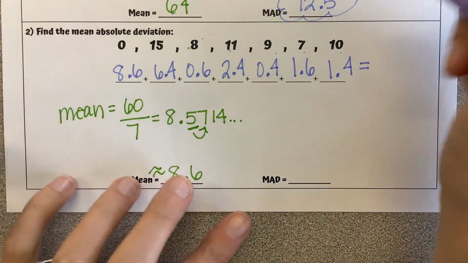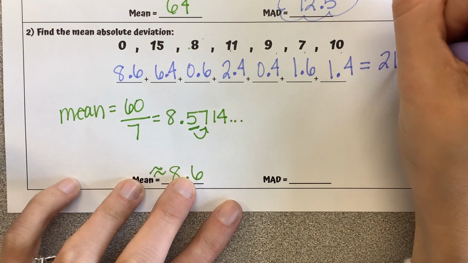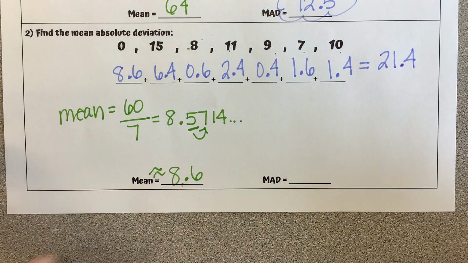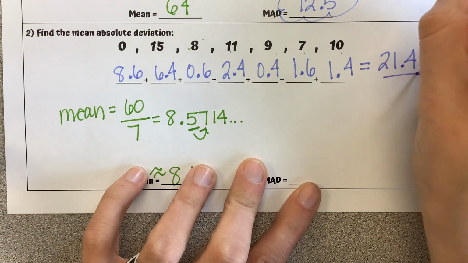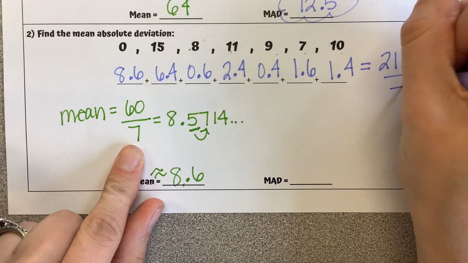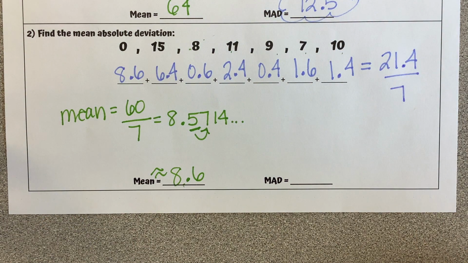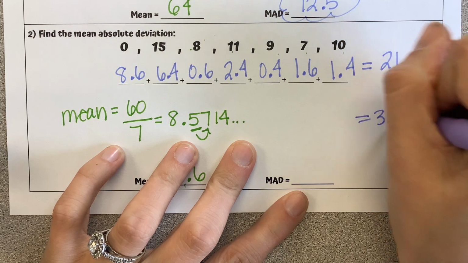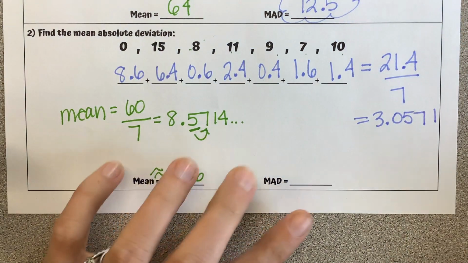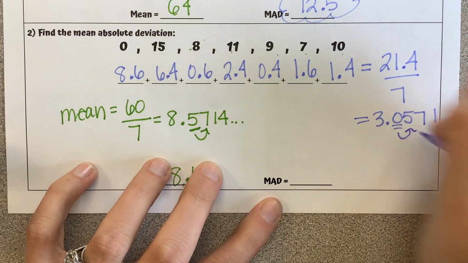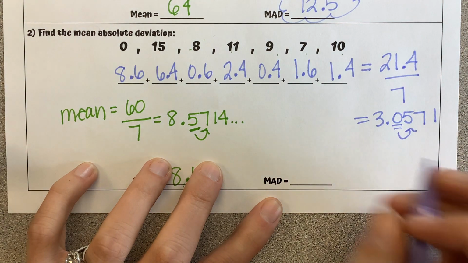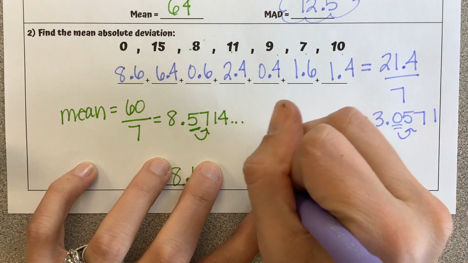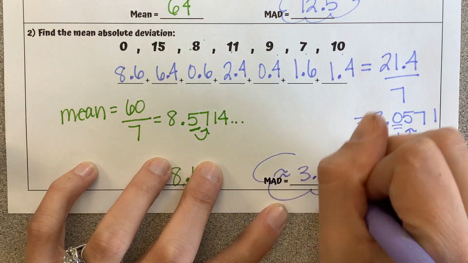When I add that up, I get 21.4. And we divide by the number of values, which should be the same, 7 values. And I get a long decimal, 3.0571. I'm going to round to the nearest tenth. The 5 tells me to round my 0 up to a 1. So about 3.1.